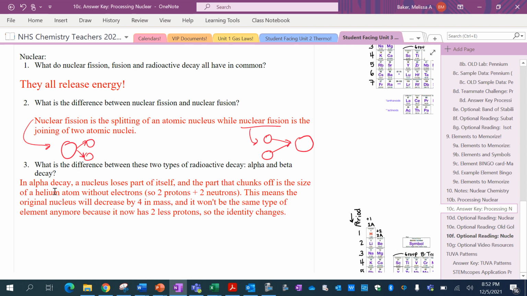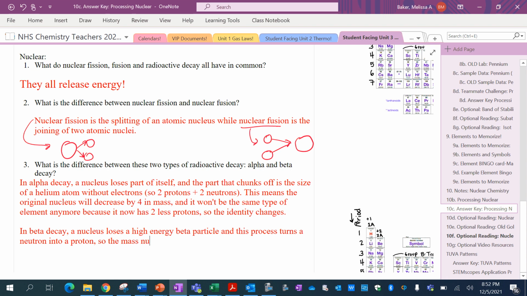changes. In beta decay, a nucleus loses a high energy beta particle, and this process turns a neutron into a proton.